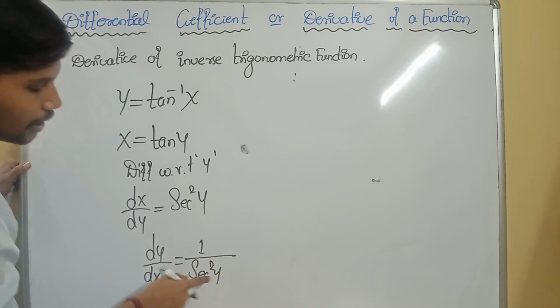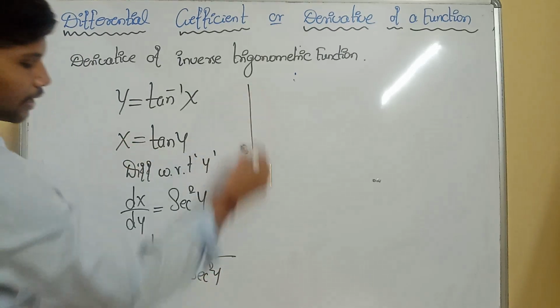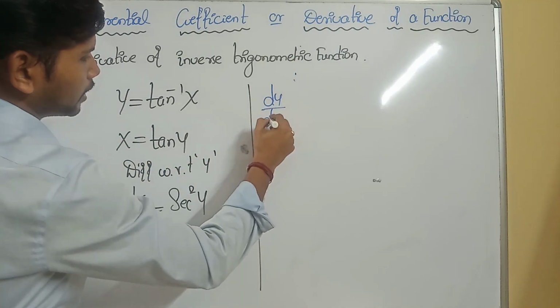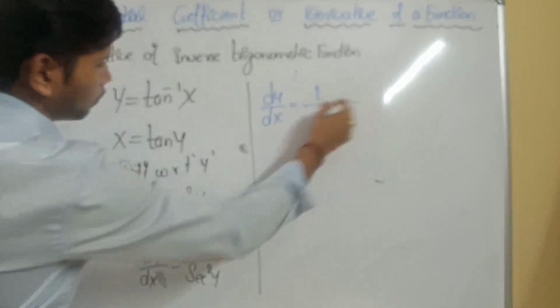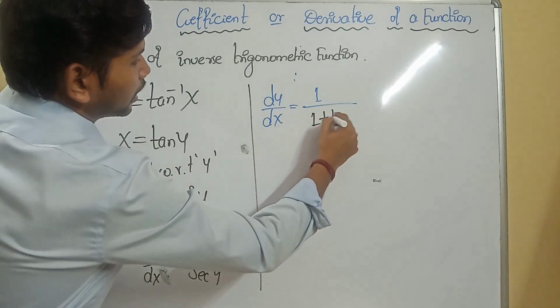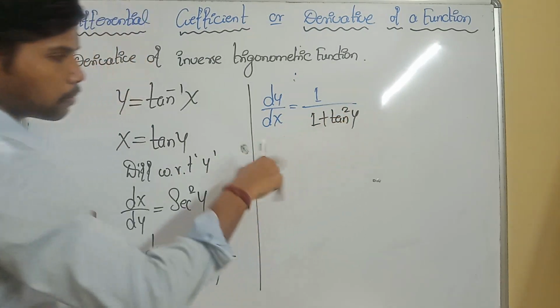Now I'd like to write secant square in terms of tan. How to write it? dy by dx is equal to 1 divided by 1 plus tan square y, since 1 plus tan square is secant square.